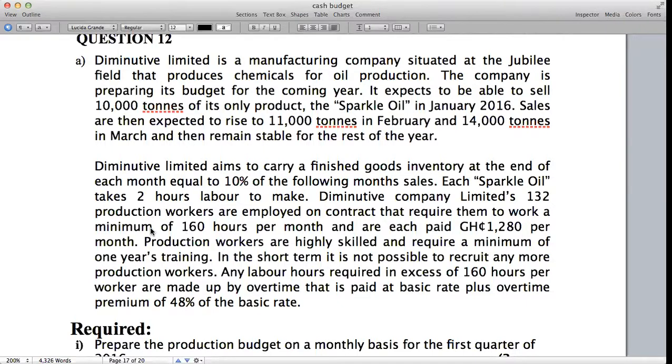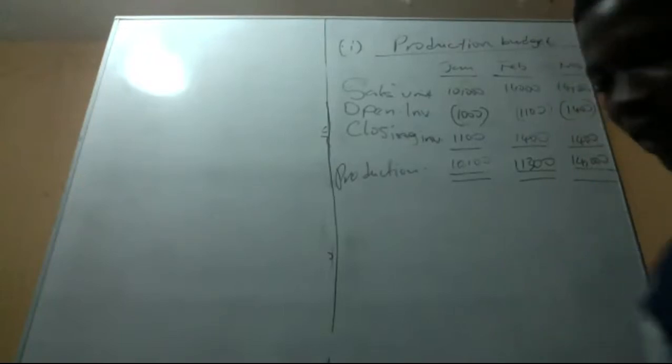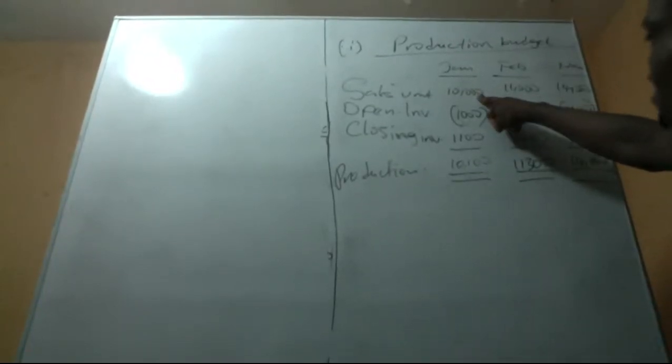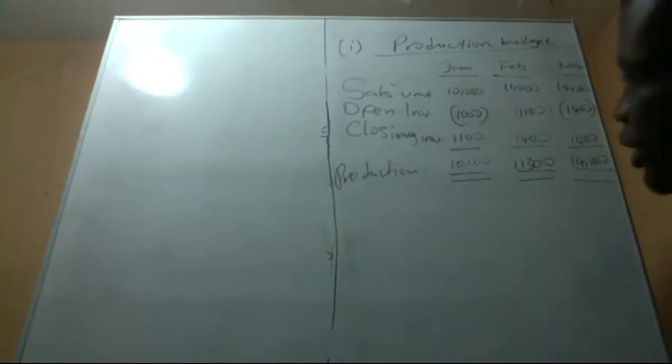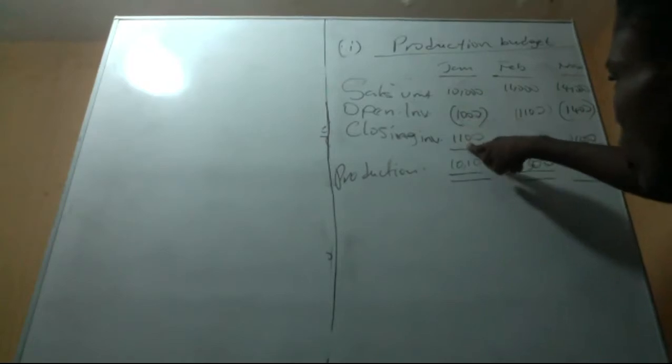The January figure. January, what's the sales unit? Is it 10,000? Yes. If the sales unit is 10,000, the opening inventory is 1,000, and the closing inventory is 1,100.